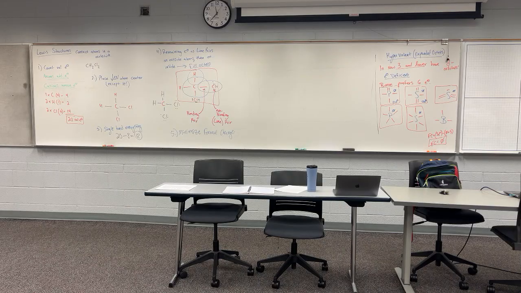Take a look at the other side where you looked at common bonding patterns and the charges that they give. Hydrogen has 1 bond. Is that neutral, positive, or negative? Chlorine has 1 bond. Is that neutral, positive, or negative? Neutral. Carbon has 4 bonds. Is that neutral, positive, or negative? Okay, no formal charges in this structure.